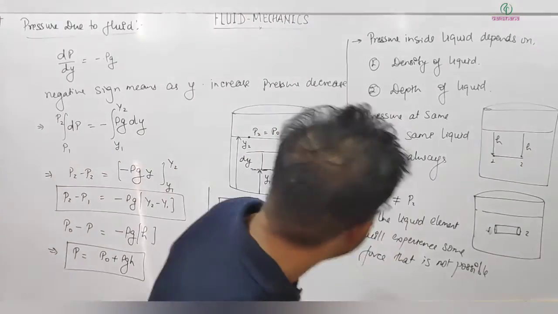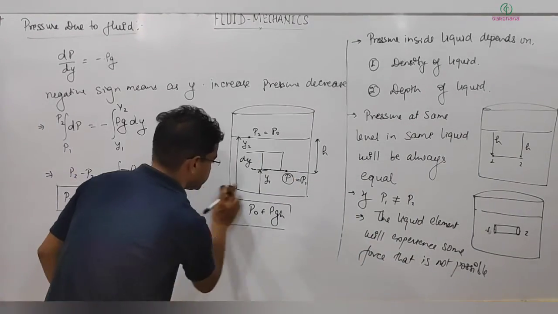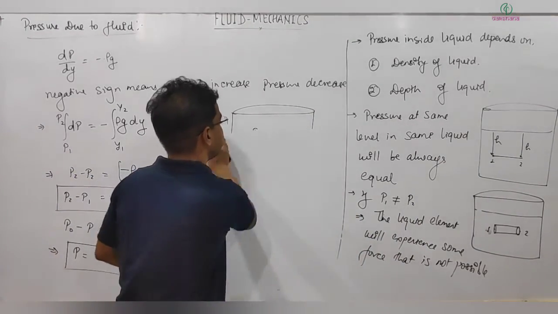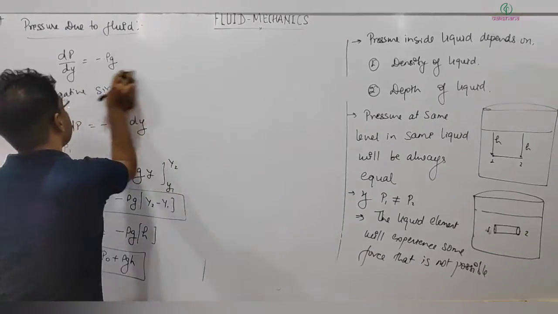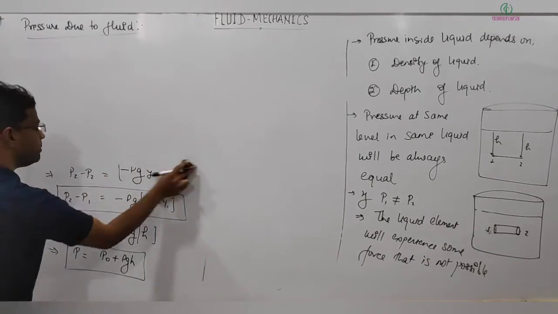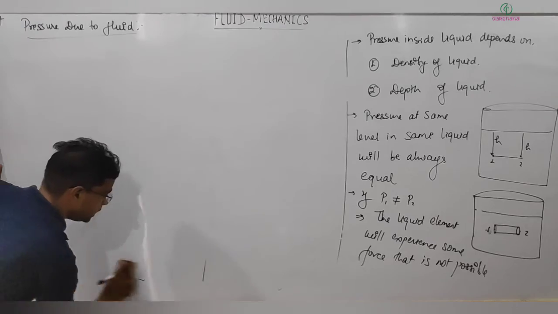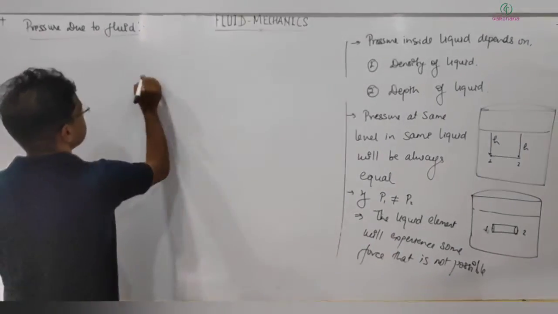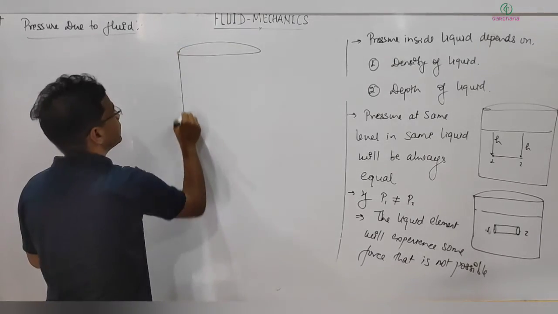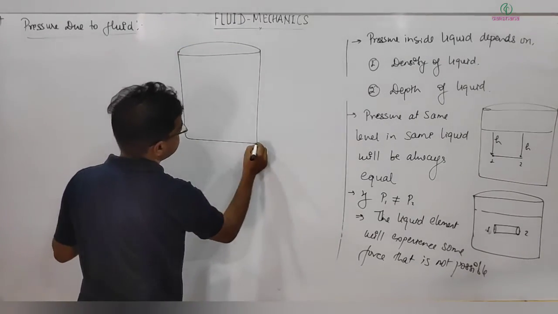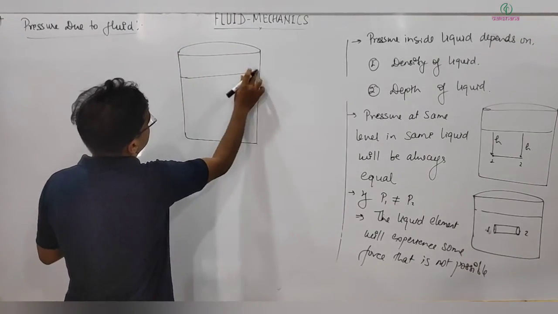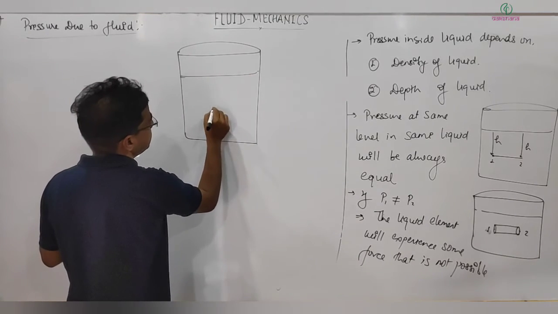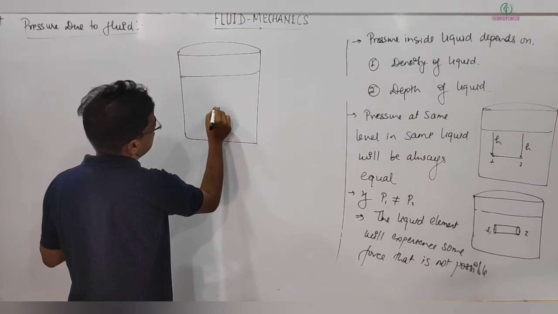And another point here is that, just consider one point inside the liquid. So what will be happening? Okay, so this is a container filled with liquid up to here, and here I am considering just a very small element.